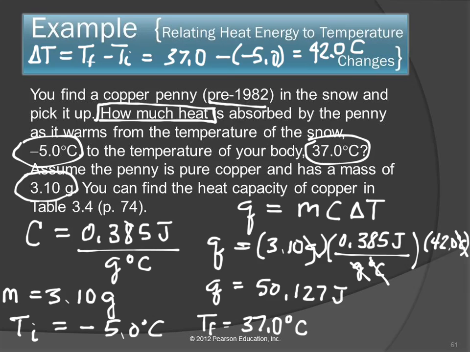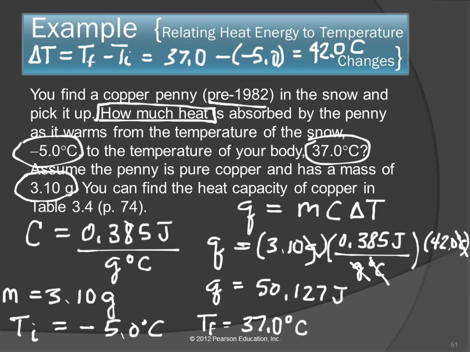Well, let's look at the temperatures. 37.0 has 1 decimal place. 5.0 has 1 decimal place. So then the difference should have 1 decimal place. So the reason I wrote 42.0 is because that first decimal place is a significant figure.